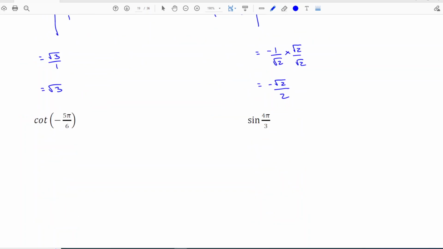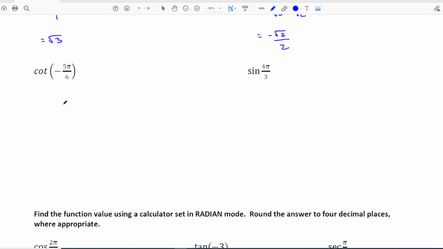All right, next one. Cotan of negative 5 pi by 6. Again, reference angle, pi by 6. Which quadrant? Well, I'm reading in a clockwise direction. Pi would be 6 pi by 6, or negative 6 pi by 6. So this is telling me that I am 1 pi by 6, and no, this is not proportional, away from 6 pi by 6. So I'm going to be in quadrant 3.